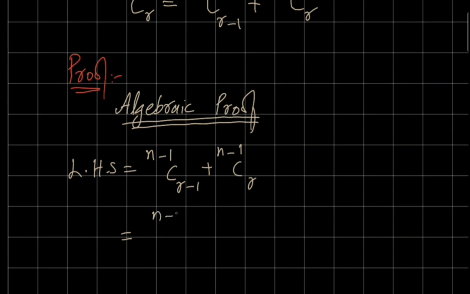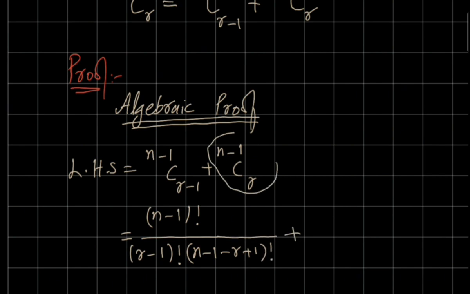This is n minus 1 factorial over r minus 1 factorial, n minus 1 minus r plus 1 factorial, plus apply the definition of combination on this factor as well.